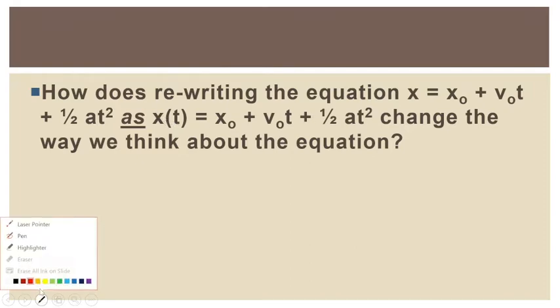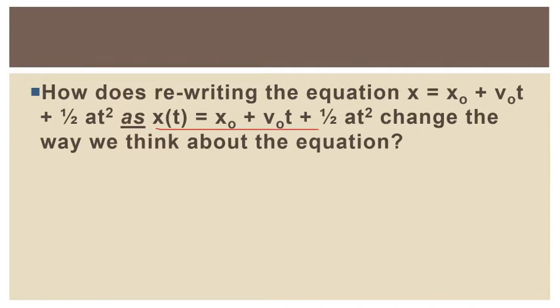And so the question is, how does rewriting the equation x equals x naught plus v naught t plus 1/2 at squared as this change the way we think about the equation? I want you to take a couple seconds to think about that. What does that look like?